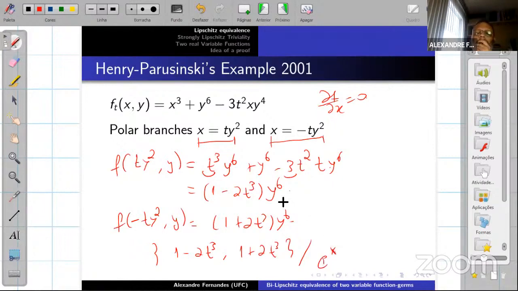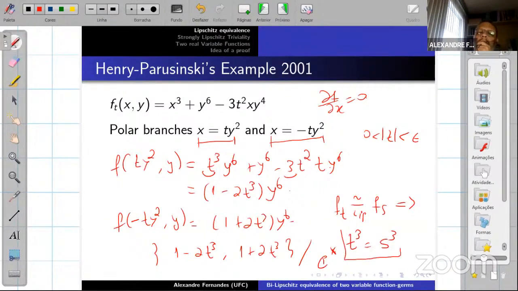Okay, so you will see that if your parameter is small enough, ft is Lipschitz equivalent to fs, and then t cube is equal to s cube. Then you have moduli for the Lipschitz equivalence just using this invariant of Parushinsky, this one.